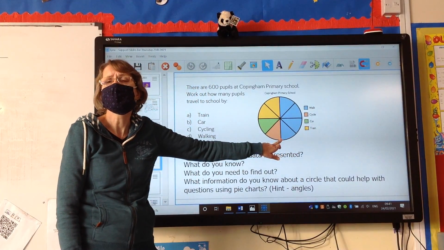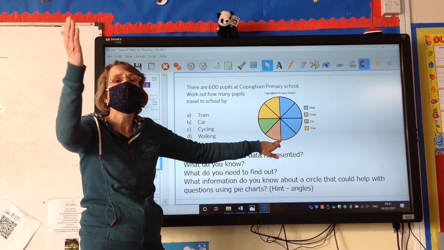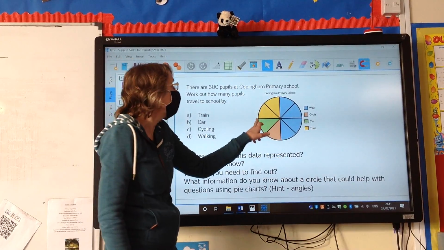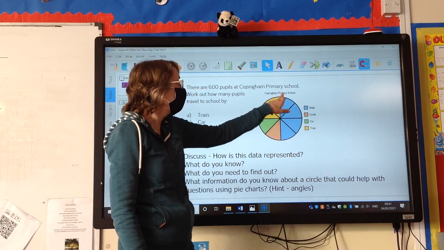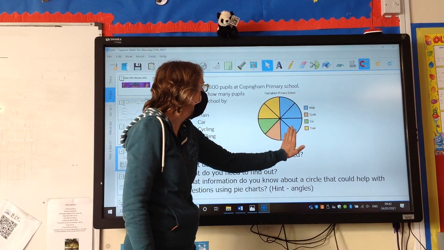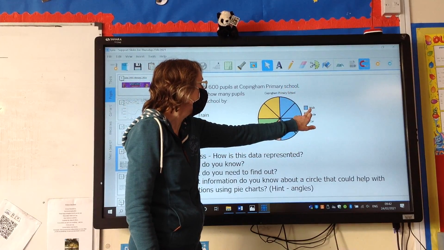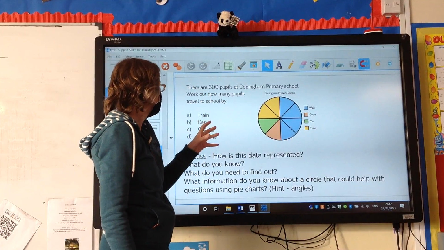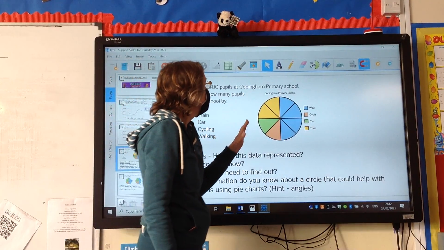How many children do walk to school? 300. Excellent. How do you know? Because it's half. Yeah, we know that the whole thing represents 600 pupils. So if half of it is coloured in for walk, which is blue, then 300 pupils must walk. Okay.